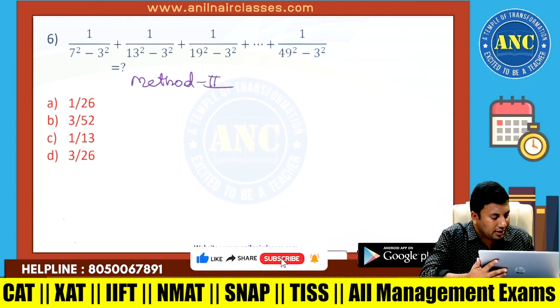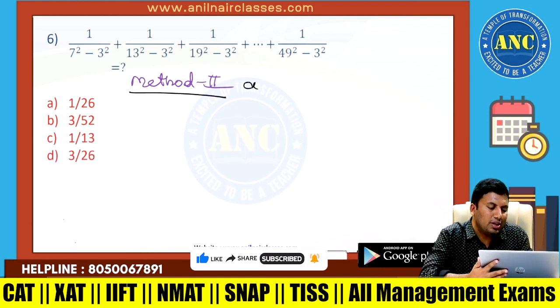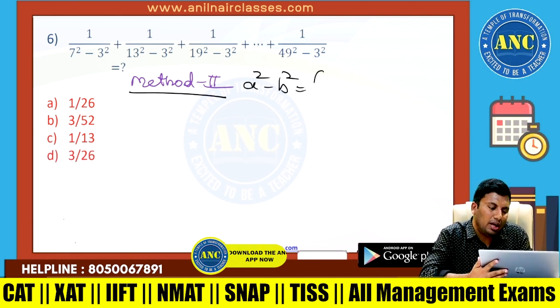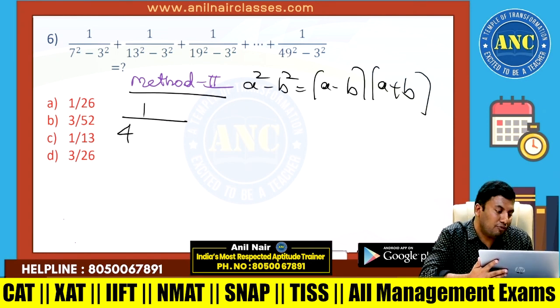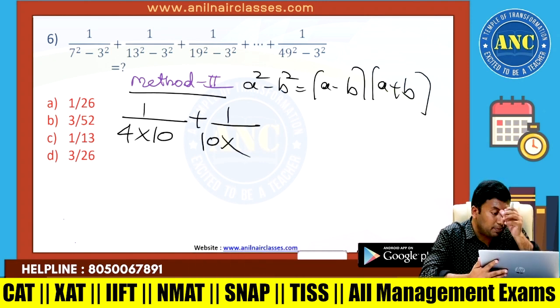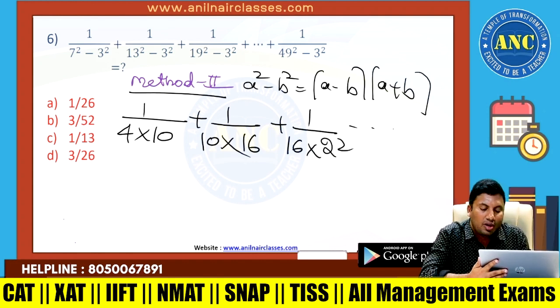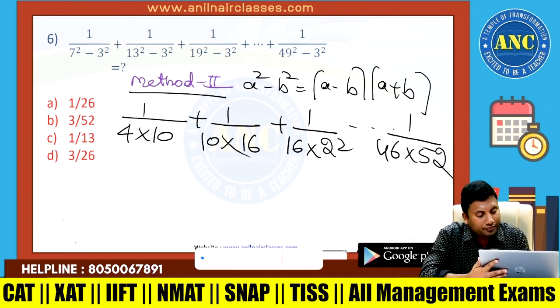Now if you look at method 2, a square minus b square is a minus b into a plus b. 7 minus 3 is 4, 7 plus 3 is 10, 13 minus 3 is 10, 13 plus 3 is 16, 19 minus 3 is 16, 19 plus 3 is 22, 49 minus 3 is 46, 49 plus 3 is 52.